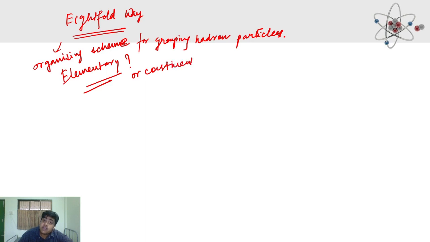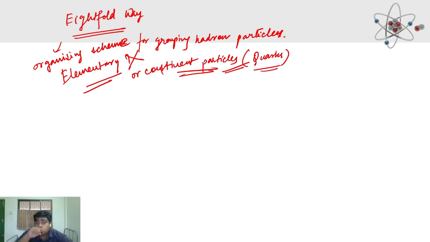Yeah, I'm talking about hadrons. As already discussed, hadrons are not elementary. They are made up of constituent particles called quarks, which are to be discussed in the coming few minutes. Now, let's take in the idea of the eightfold way.